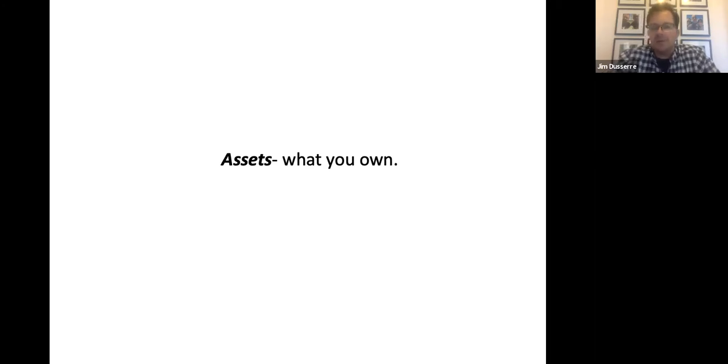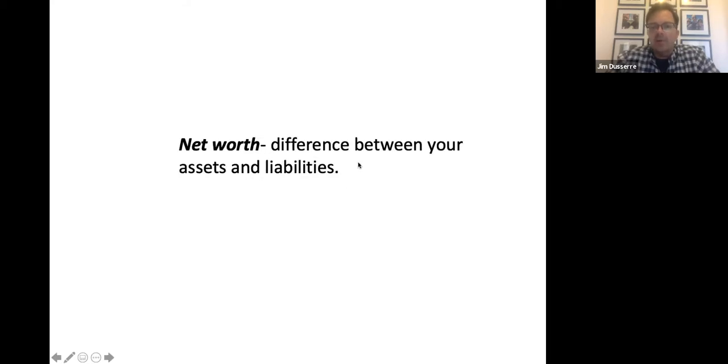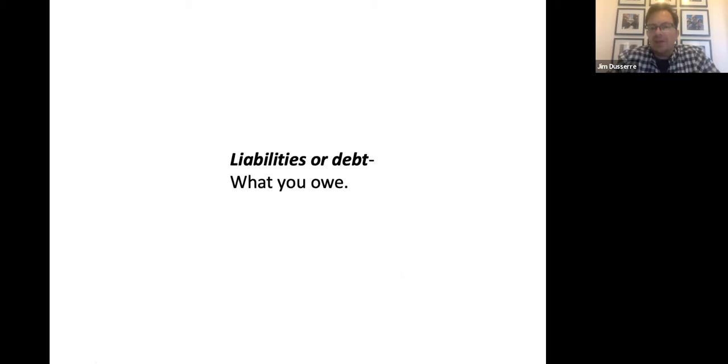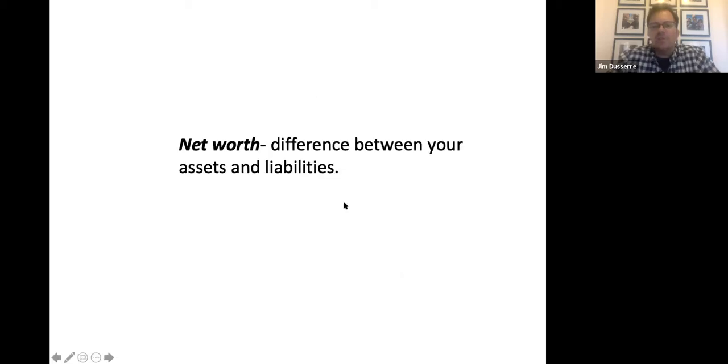Liabilities, or debt, is what you owe. Net worth is the same as your equity. Net worth is the difference between your assets and your liabilities. So you take your assets minus your liabilities, and then you get your net worth.